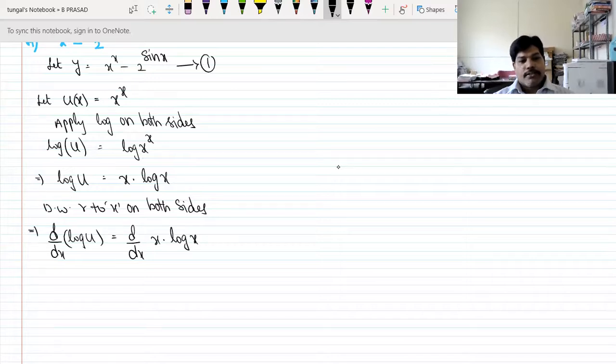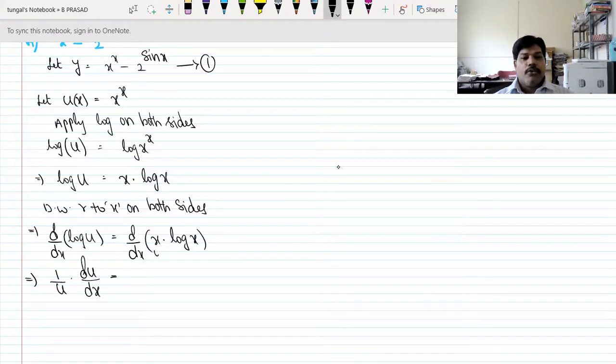The derivative of log u is 1 by u into du by dx. Why? Because the derivative of log f of x is nothing but 1 by f of x into f dash of x. So it becomes 1 by u into du by dx.